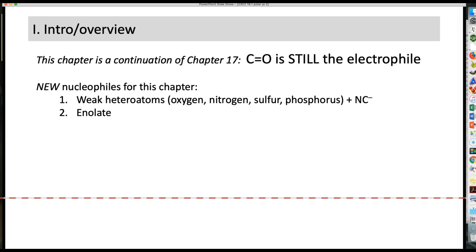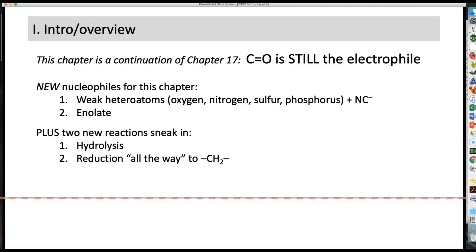A really big player, and we know this is a weak nucleophile and a soft nucleophile, is the enolate anion. And just a quick reminder that the enolate anion is the anion that results from deprotonation at the alpha carbon. Now, as I mentioned in the outline, there are these other reactions that get thrown in, but they're good foreshadowing for what's to come.